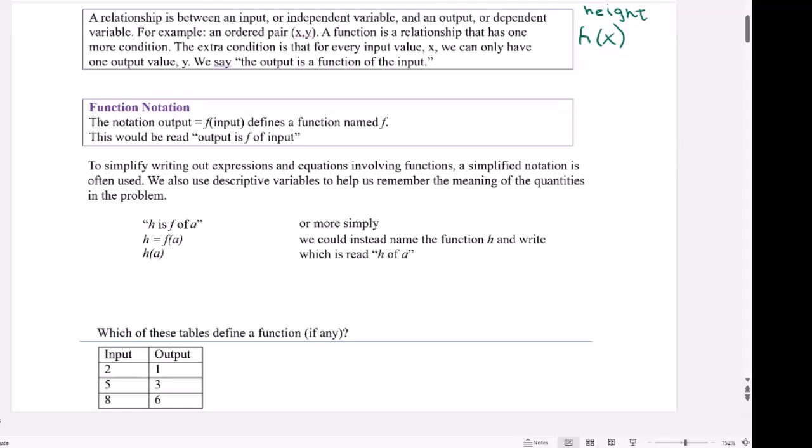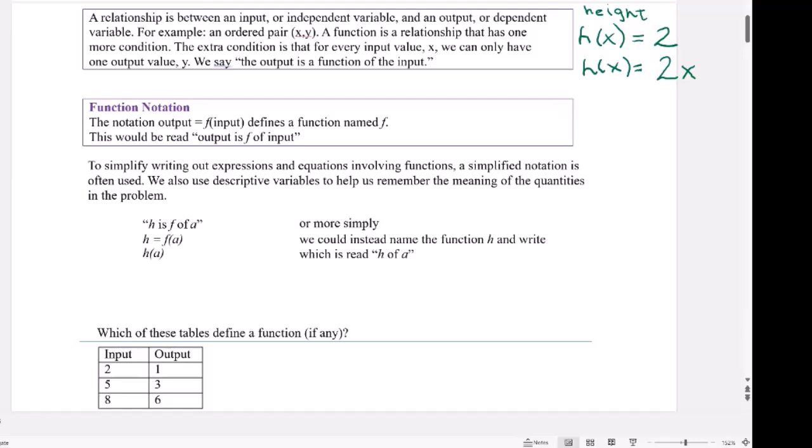If I say h of x is equal to 2, what I'm saying is that my height, no matter what value I put in for my x, I get 2. Or I can say h of x is equal to 2 times x.